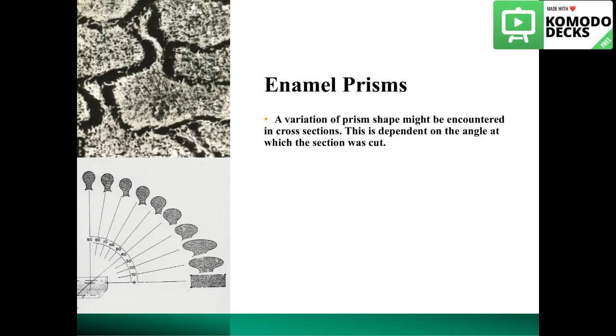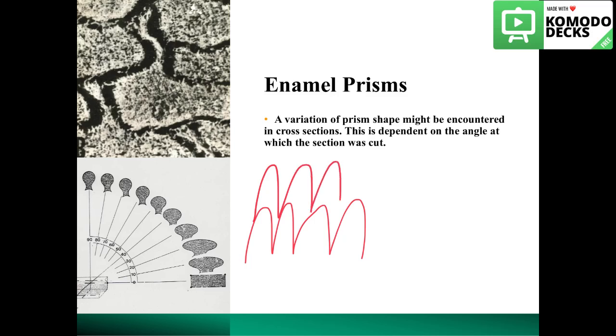We have almost 4 patterns of the enamel prisms in cross-section: the keyhole, the almost circular, the stacked pattern in which all the prisms are stacked above each other, and the one that has no pattern.